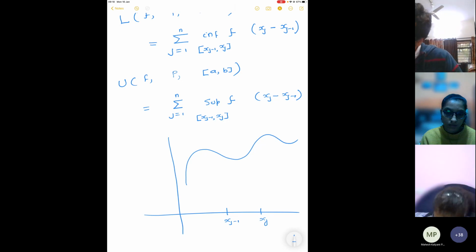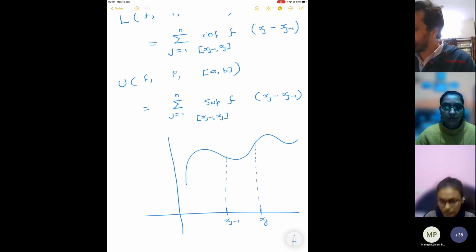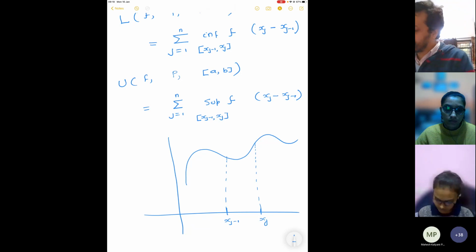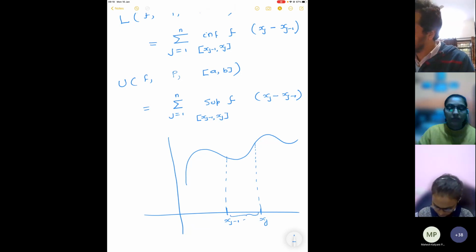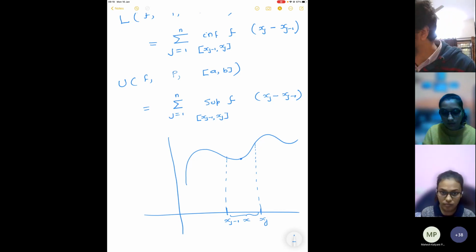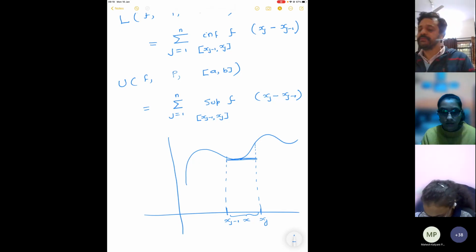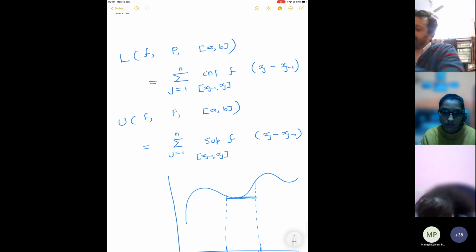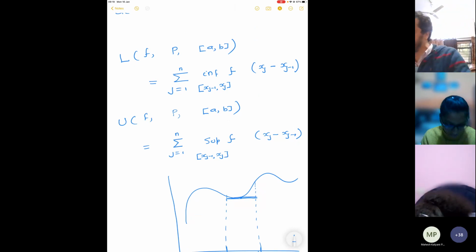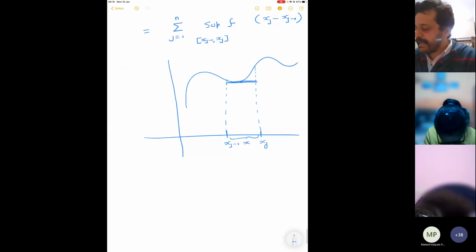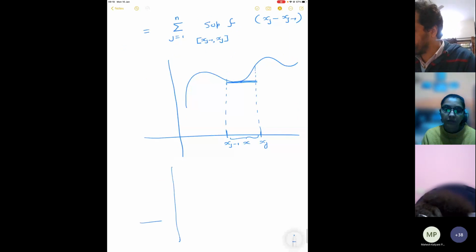The infimum of those, when x varies over this interval, is this one. But you approximate the whole function by that same constant. This is what you are doing for L f P AB. And for U f, what you are doing is take xj minus 1 xj.